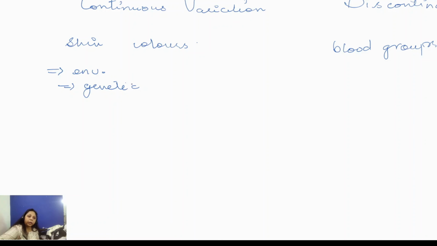Let's talk about height. Is height a continuous variation or a discontinuous one? Continuous. You have lots of different types of heights. You cannot differentiate between certain heights. It can be 5.11, it can be 5.11.5, it can be 5.11.25.